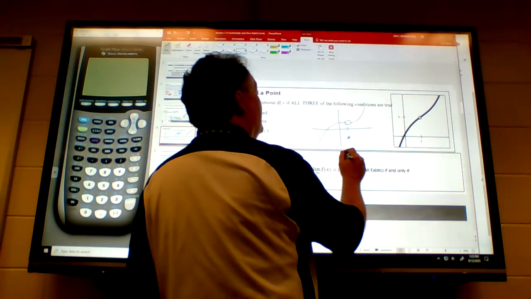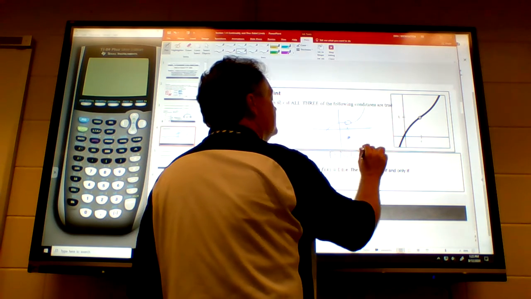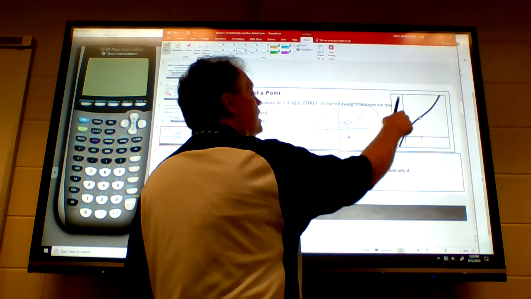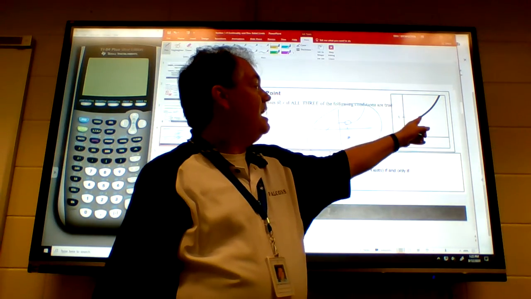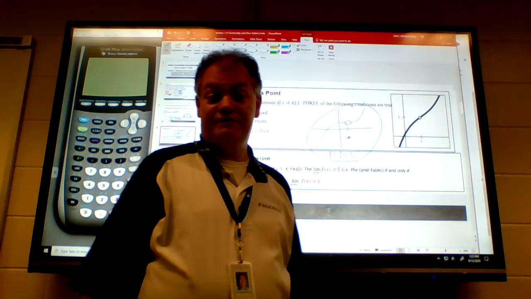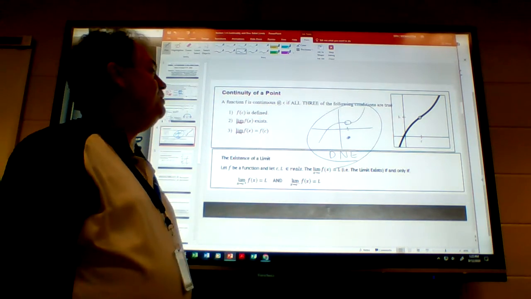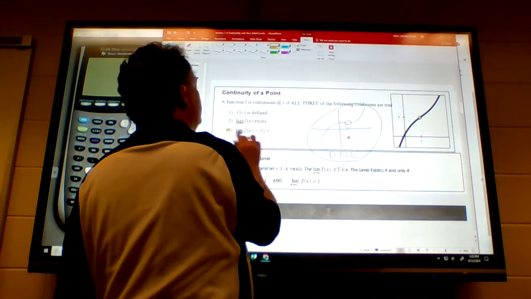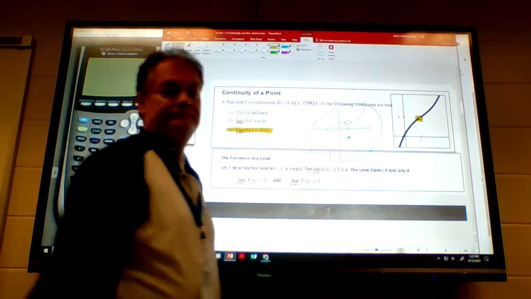This is one example of a limit that does not exist. On the other hand, the limit and the value of f of c do exist, and they're the same thing, and they're both equal. So, from right here, and I'm going to highlight that right there for you.